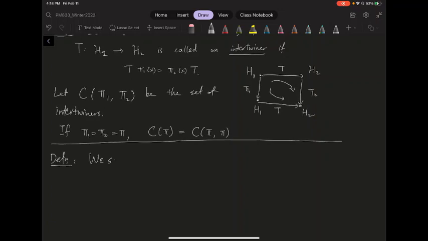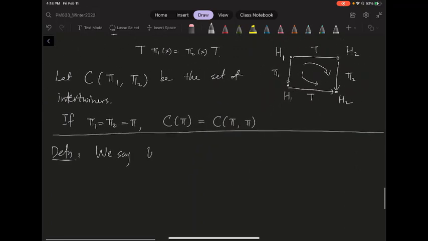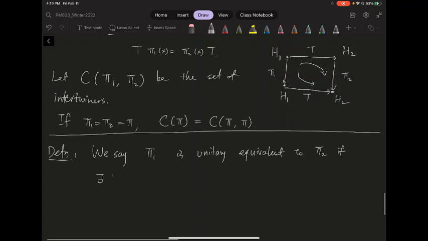We say pi1 is unitarily equivalent to pi2 if there's a unitary operator U, and U is inside C of pi1 and pi2. Here U is a bounded operator from H1 to H2.